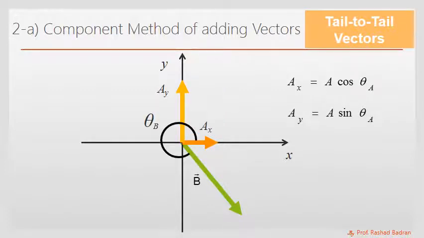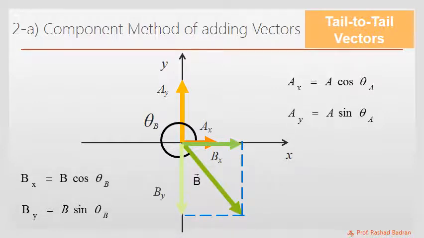Similarly, for the vector B, the angle theta is given with respect to the positive x-axis. So if we plot the x component by projecting a line from the head of the vector B along the x-axis, then Bx can be obtained, and then another line projecting it on the y-axis gives the y component of B. And here we have the x component of the vector B and the y component of the vector B as well.